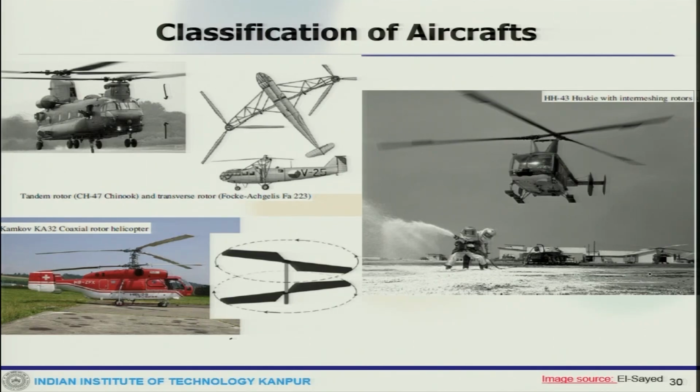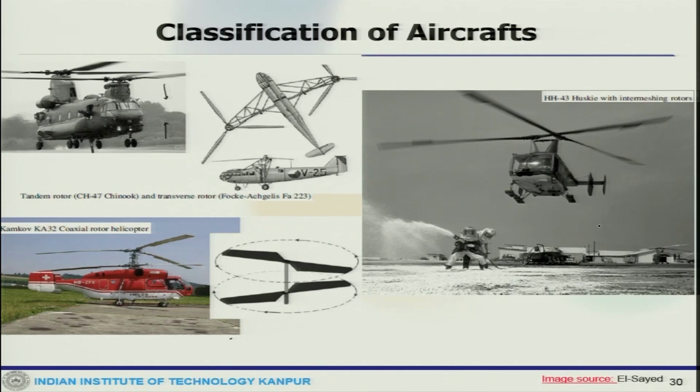The intermeshing rotor, sometimes referred to as a synchropter, is a set of two rotors turning in opposite directions, with each mast mounted on the helicopter at a slight angle, so that the blades intermesh without colliding. Okay. So, this allows it to function without the need for a tail rotor. This is an example of the HH-43.